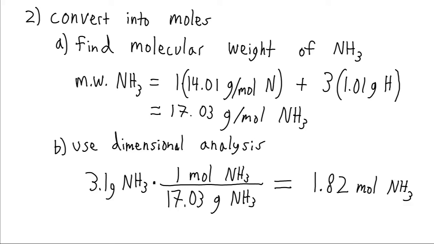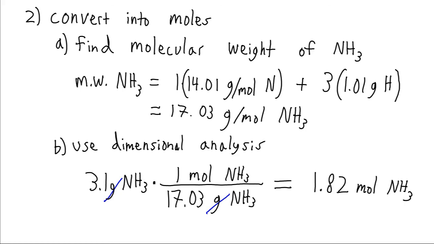Now, because we want grams to cancel out, when we use this ratio that we've come up with, the molecular weight of NH3, we're going to want to put grams on the bottom. So we put the 17.03 grams on the bottom and the 1 mole on the top. So now grams of NH3 should cancel, and we multiply and divide all these numbers, and we get 0.182 moles of NH3.